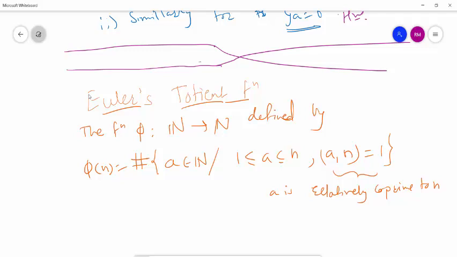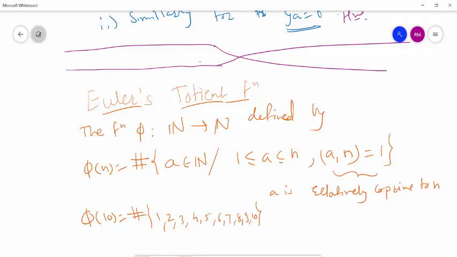So suppose we have to calculate phi of 10. We have to find the cardinality of such elements. Which elements? We have to take all the elements, here n is equal to 10, starting from 1. So 1, 2, 3, 4, 5, 6, 7, 8, 9, 10.